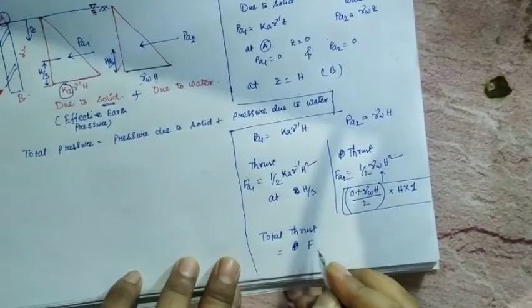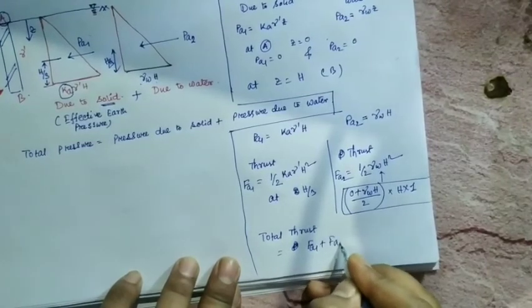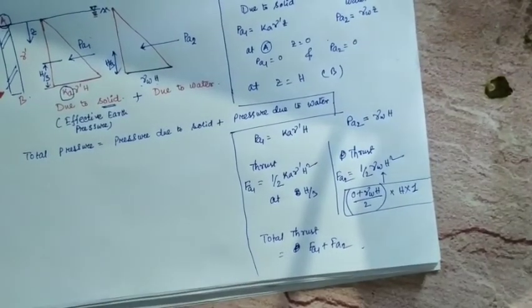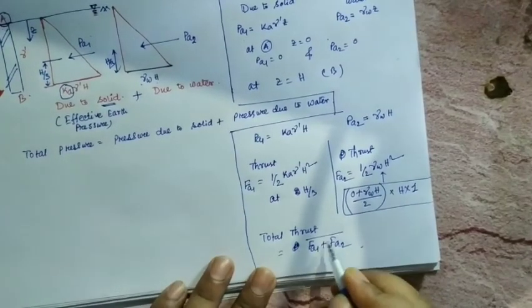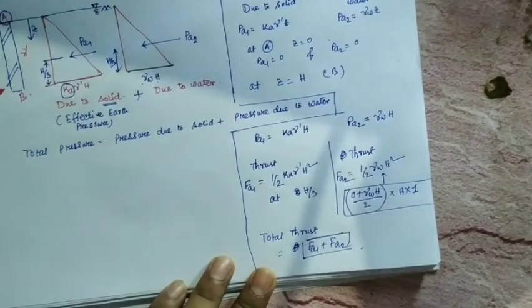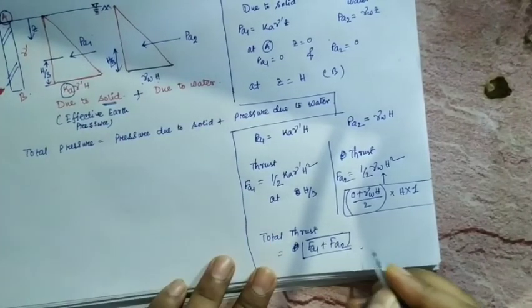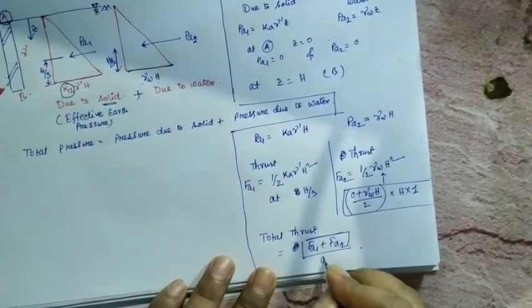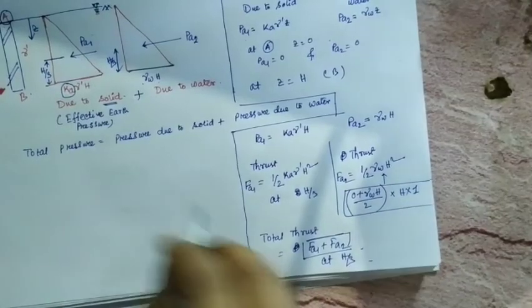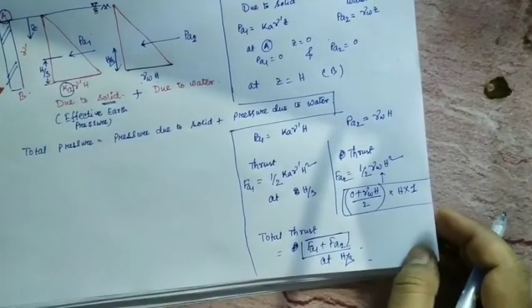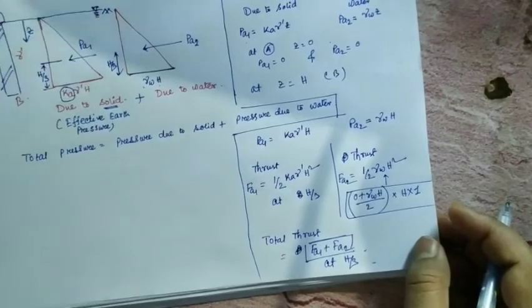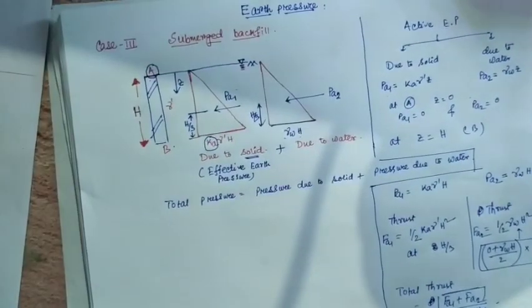So then it will be Fa1 plus Fa2, and the total thrust will also act at H by 3 height, because both are triangles. So this is all about submerged backfill.